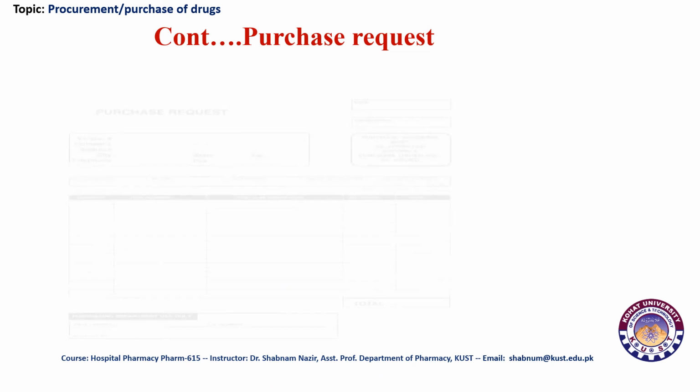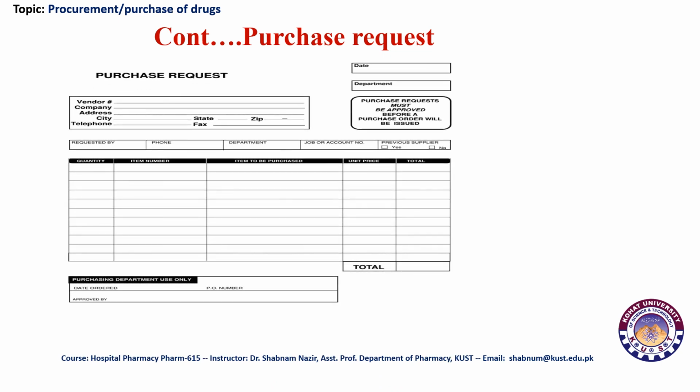So here is a sample of a purchase request form, and you can see at the top right corner there is a rectangular square, and the information given is of vendor, company, address, then city, state, zip code, fax, and telephone number. So all these details about the company are mentioned, and the vendor name is also mentioned there.